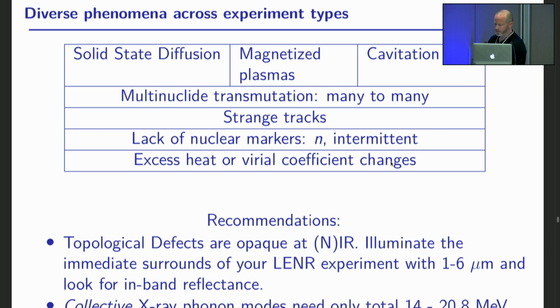So we need to be able to explain multinuclide transmutation. Well, we talked about a macroscopic volume around these things that is capable of firstly having changes in the QCD vacuum, then having changes in the QED vacuum, and then ultimately a Callan-Rubakov baryon violating interaction.